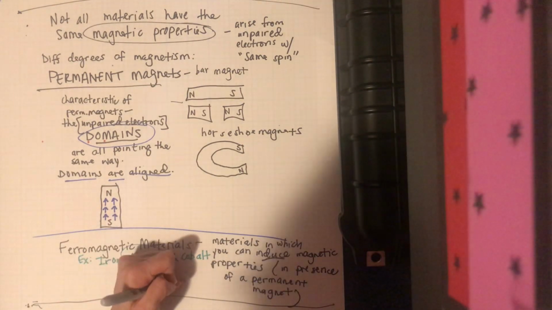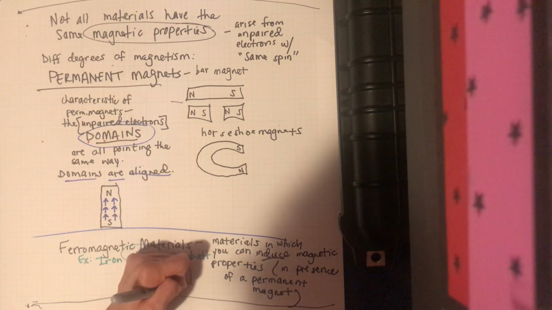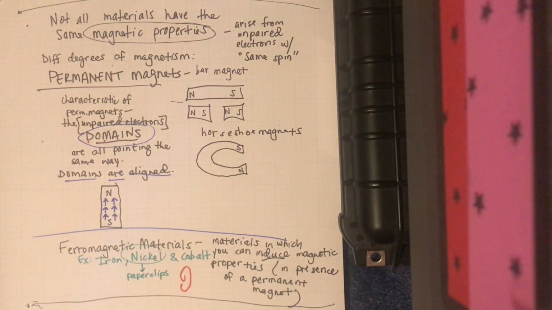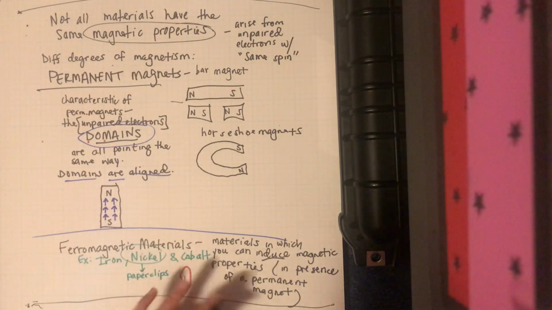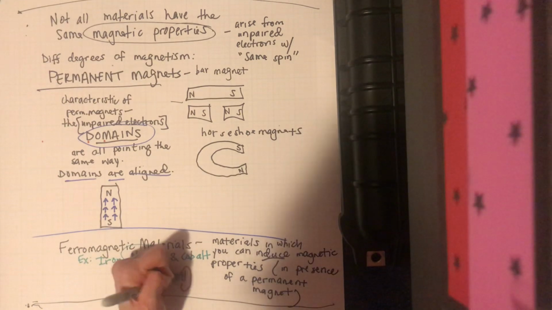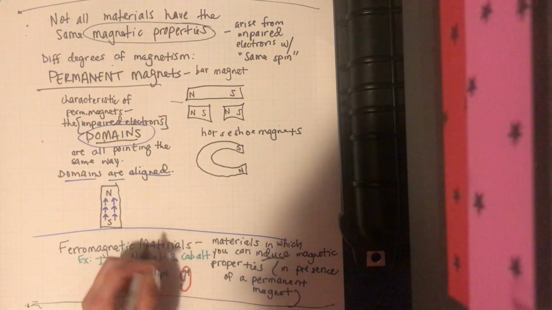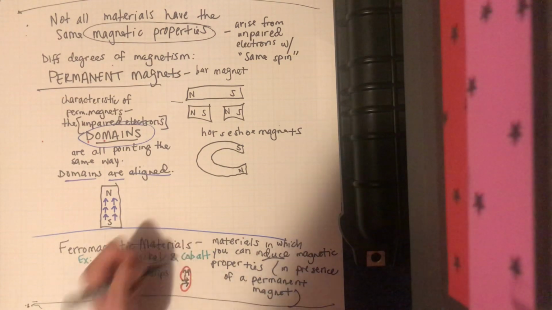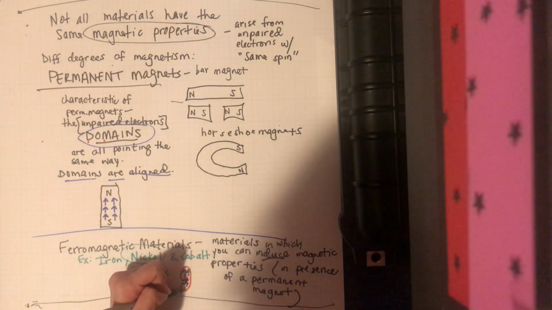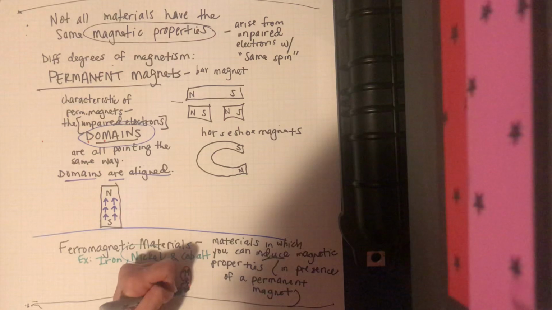A paper clip on its own, forgive my diagram, looks something like that. And inside of that paper clip, you have domains of unpaired electrons, but they're not all facing the same way. So you might have one domain like this, one domain like this, and so on.